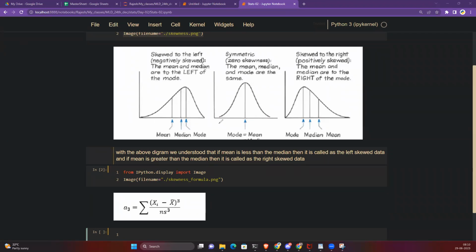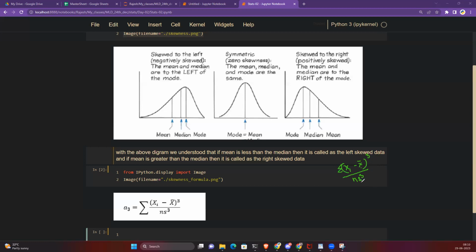So what I was trying to say is how we are going to calculate the skewness. The skewness can be calculated by the summation of xi minus x bar, the whole cube, divided by n s cubed. Here xi is the input point, x bar is the mean, and n is the number of data points.